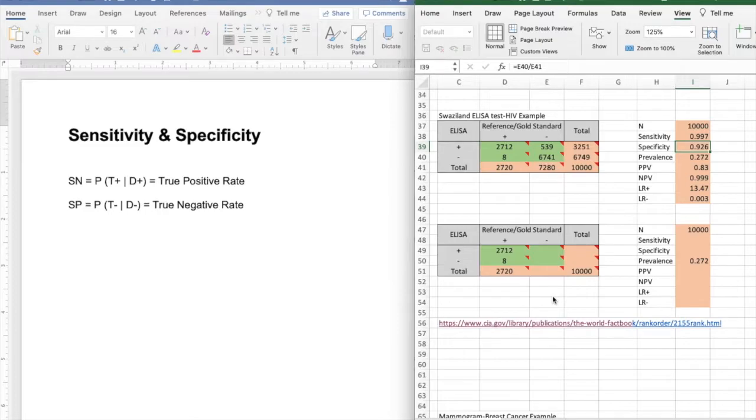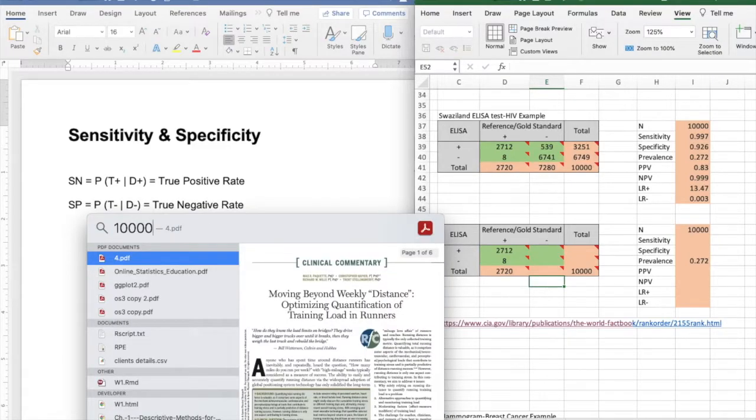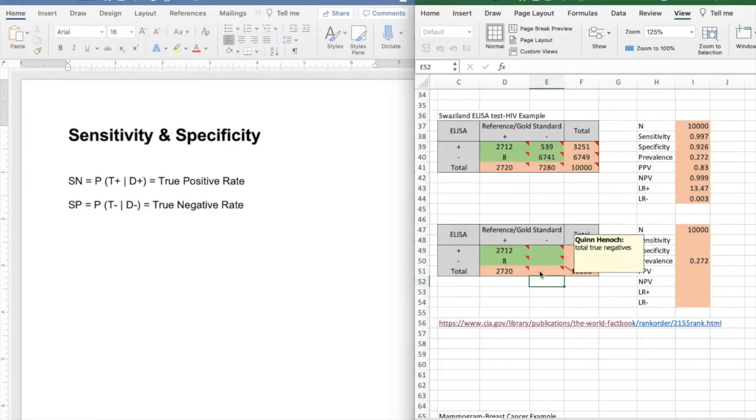So we know, first of all, if there's 10,000 people and 2,720 of them have the disease, well, that means the difference between those two numbers of people don't. So 10,000 of our sample minus the 2,720 that have the disease means that 7,280 don't have the disease.